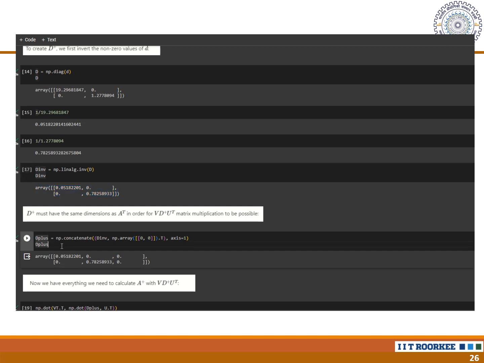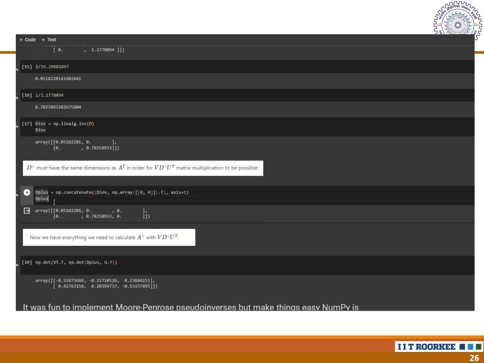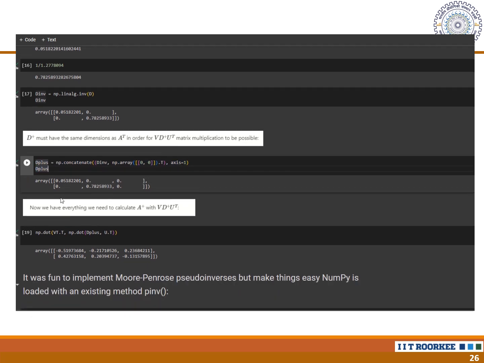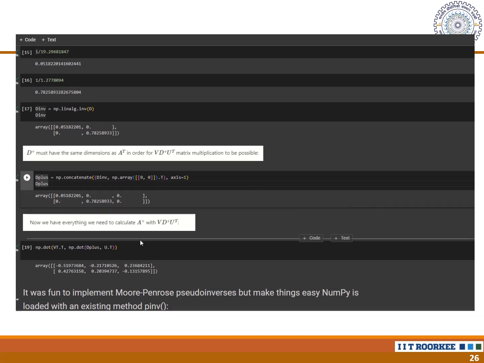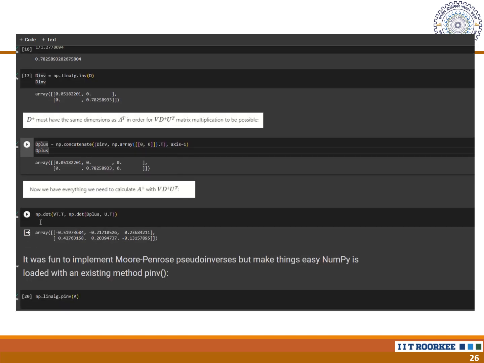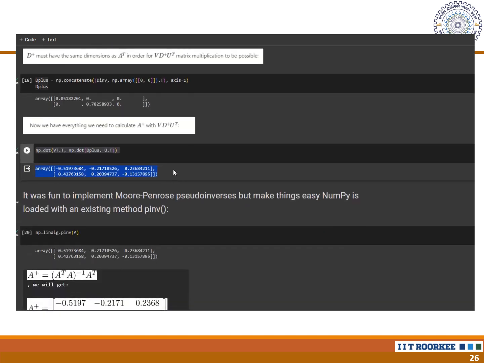So we're gonna get the dimension right, and these lines of code will get the dimension right for the D plus. Now we have everything that we need to calculate the pseudo inverse using that formula, and we simply do the dot product of these values, and here is our array, that is the pseudo inverse of A.